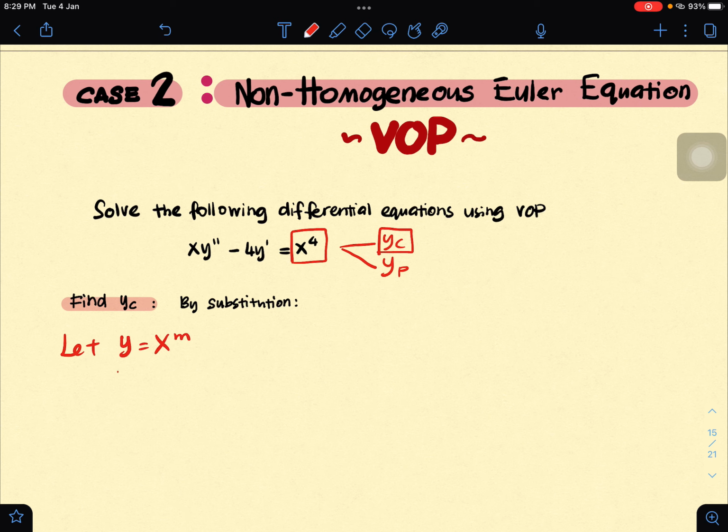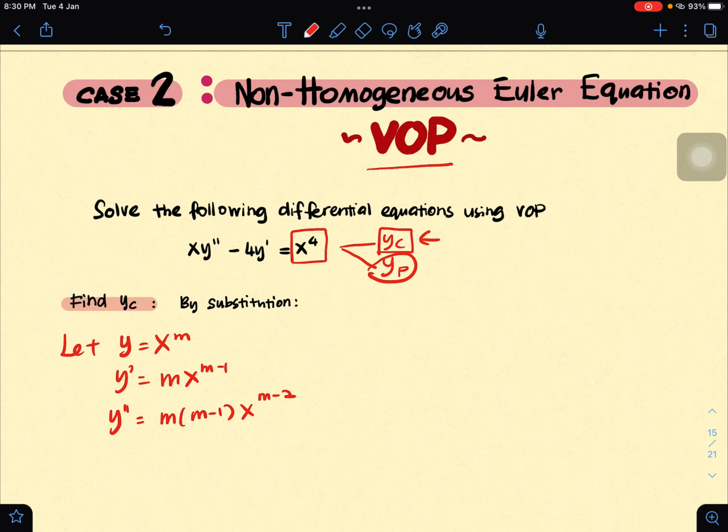Then we have y prime equal to mx to the power of m minus 1, and y double prime equal to m multiplied by m minus 1 x to the power of m minus 2. We will get our yc, and then to find the yp, we will use the variation of parameter method as we learned before in the normal differential equation.